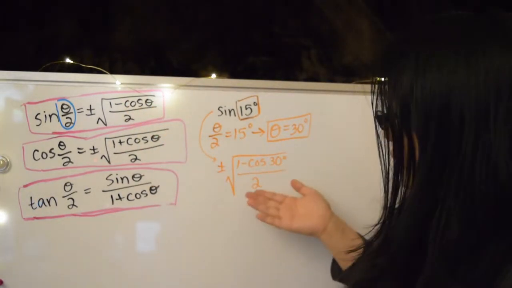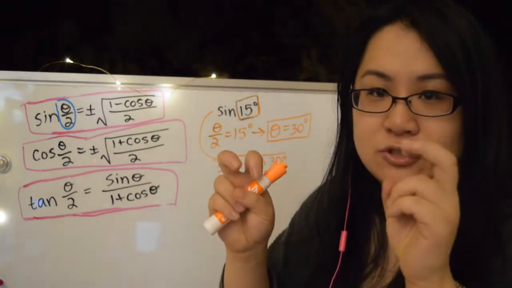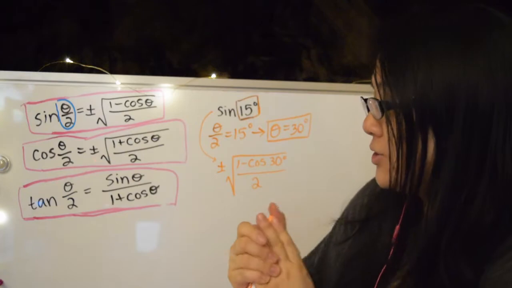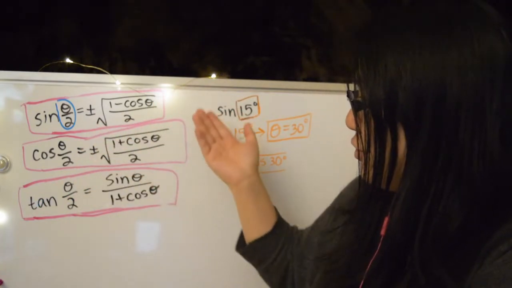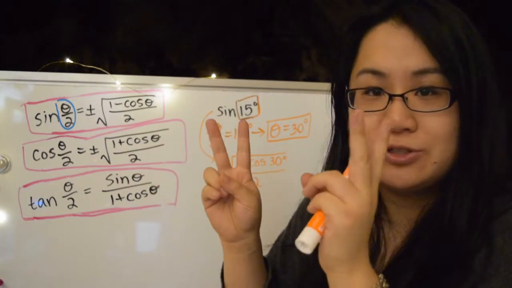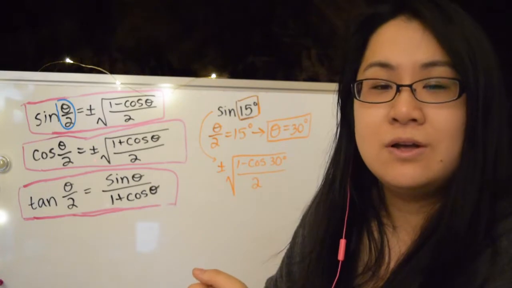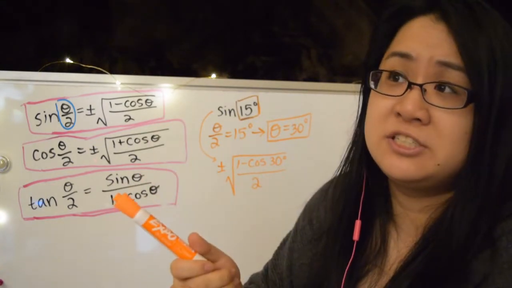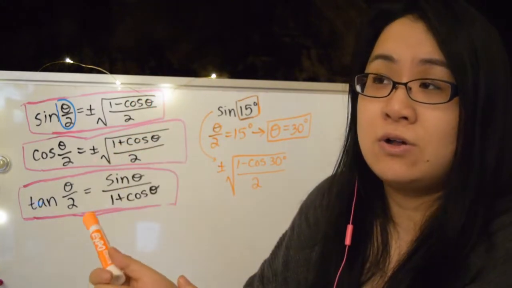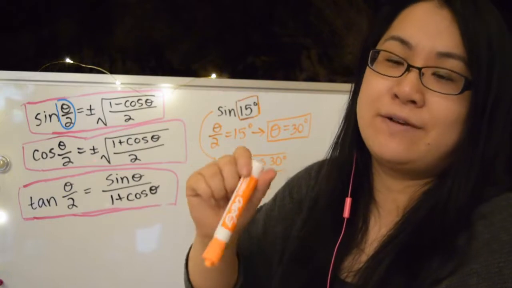So what's so special about this? Well, 30 degrees is one of our special angles. I assume that if you are learning half angle formulas that you've already learned your unit circle special angles. So I'm talking about 0, 30 degrees, 45 degrees, 60 degrees, 90 degrees, and all of their counterparts in quadrants 2, 3, and 4.